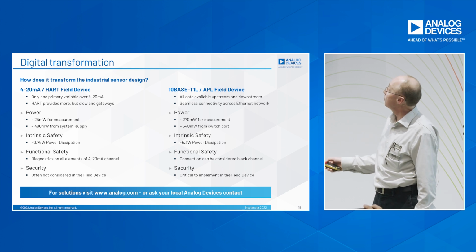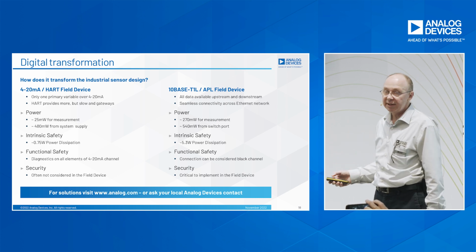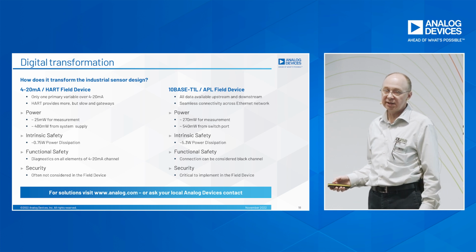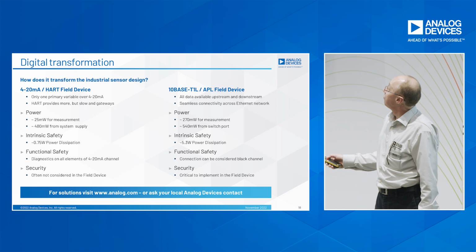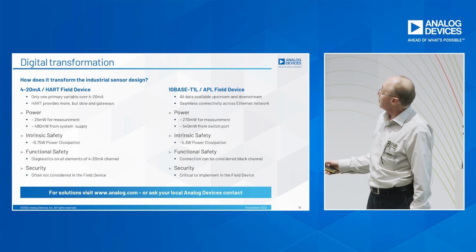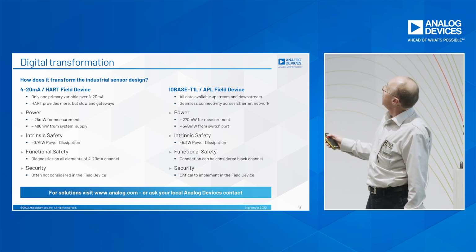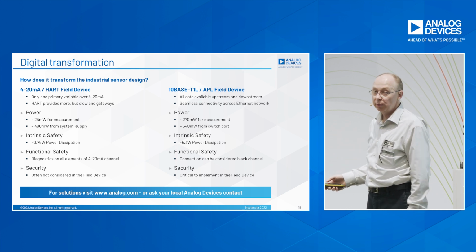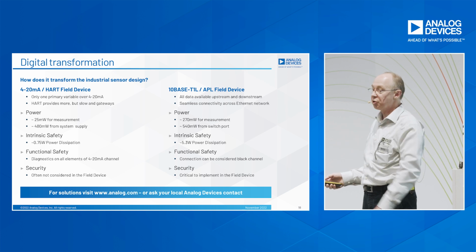So comparing 4 to 20 milliamp and 10BASE-T1L from the edge device point of view, from the design of the edge device, the field instrument. So, a quick comparison. With 10BASE-T1L, you can get all the data that you want and that are available, upstream and downstream.